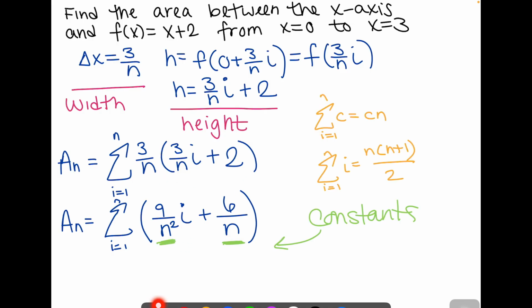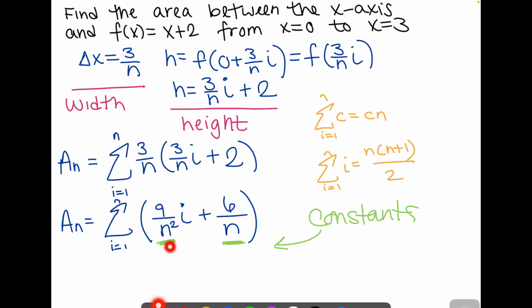And then I can simplify this sum using those formulas we learned in the previous video. So when you have the sum of a constant from i equals 1 to n, you're going to get that constant times n. And when you have the sum of i from i equals 1 to n, you'll always get n times n plus 1 over 2.